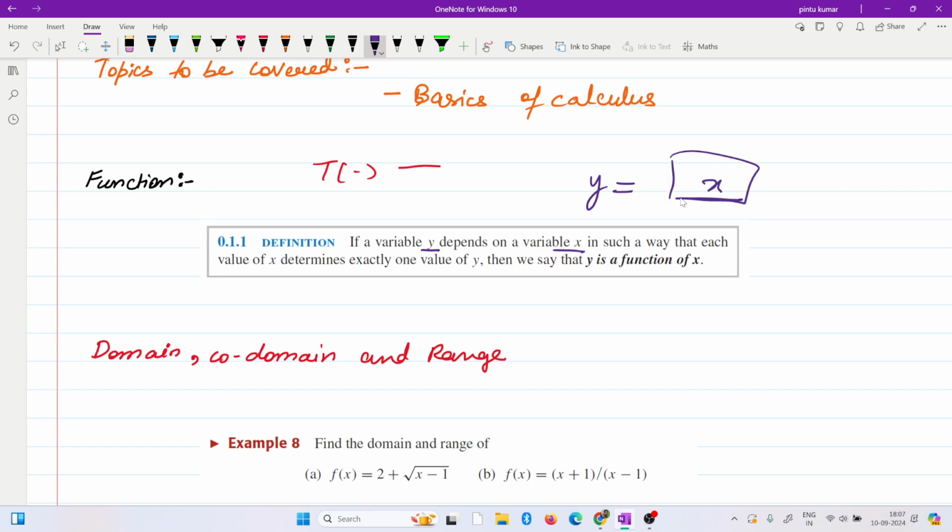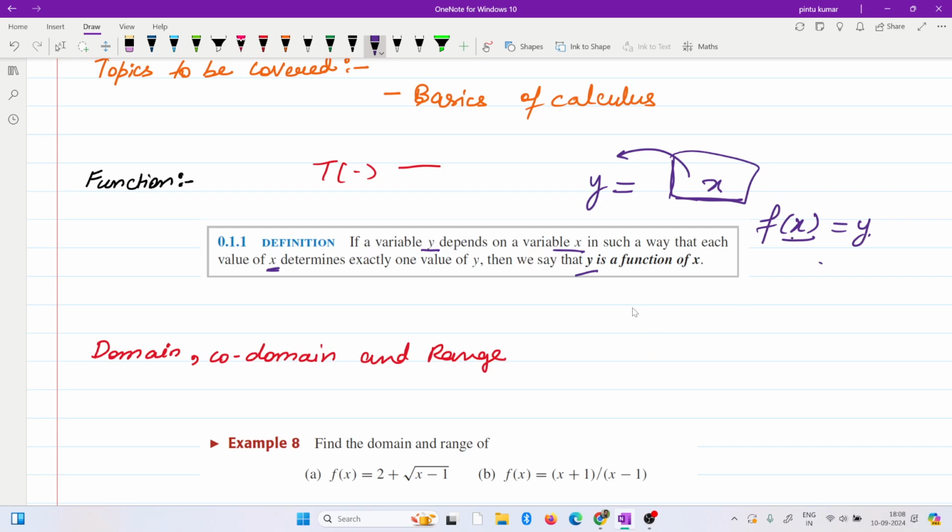You can do all sorts of things with x, but the only condition is that each value of x uniquely determines a value of y. If you have such a relation, then y is a function of x, and we generally denote it as f of x.